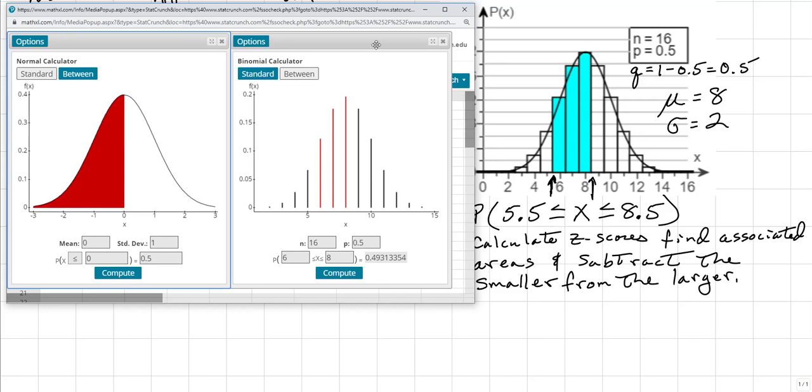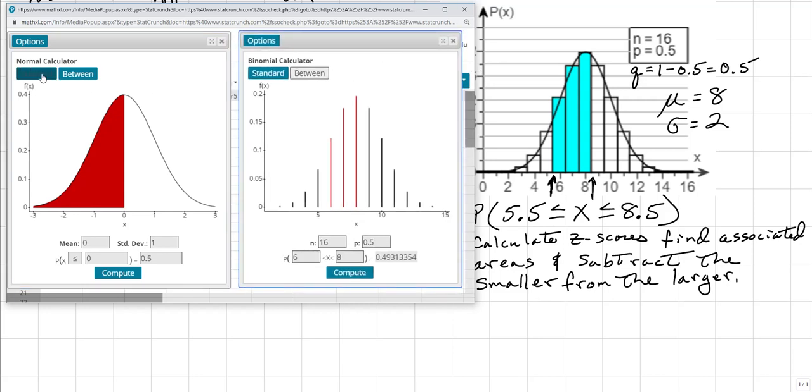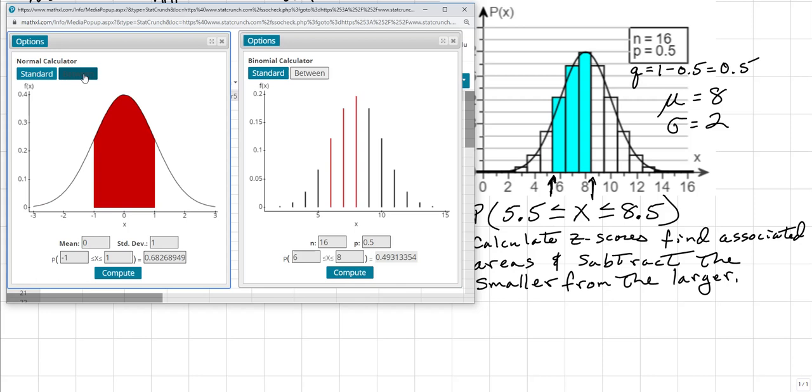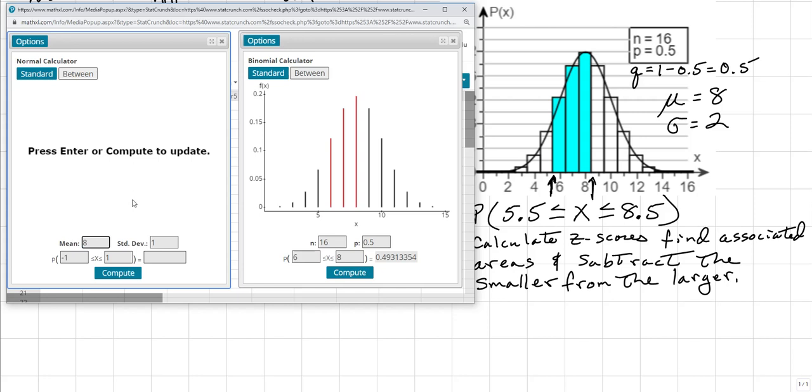So we'll go ahead and once again, instead of using standard, we're going to use between. Now we've calculated the mean to be 8, so we'll enter that. We've calculated the standard deviation to be 2, and we're going to find the probability from 5.5 up to 8.5.